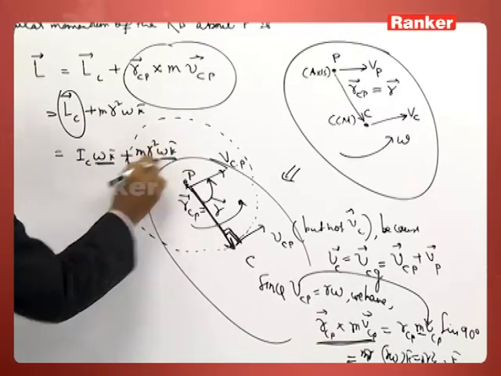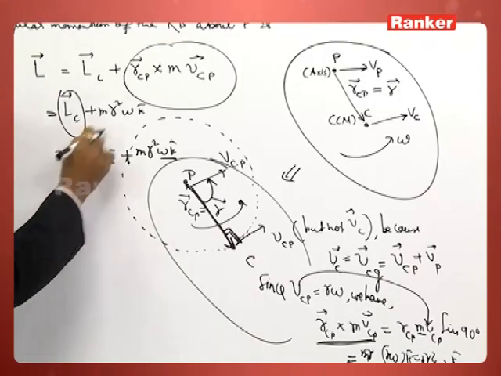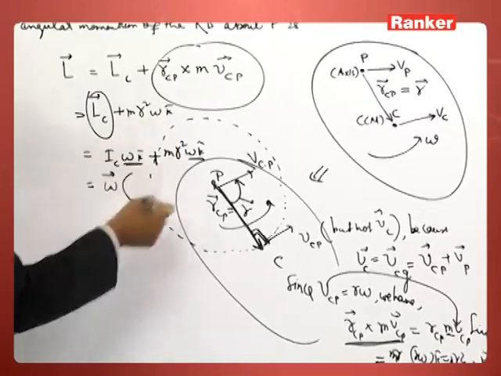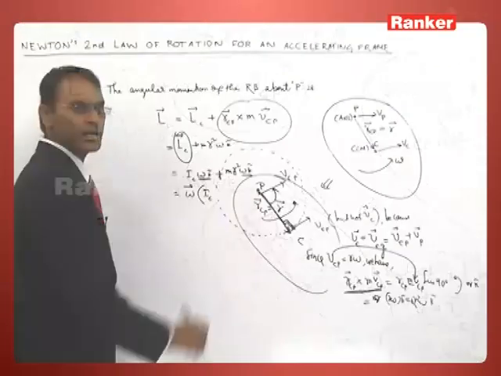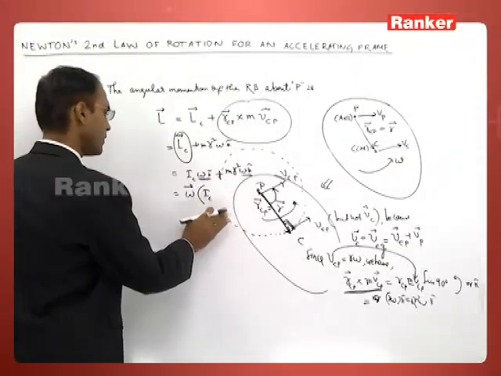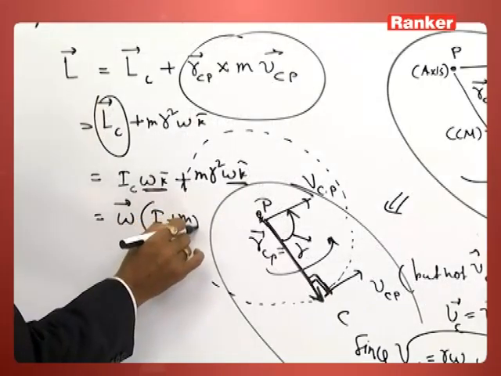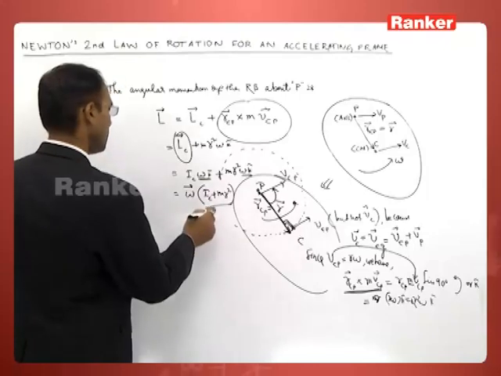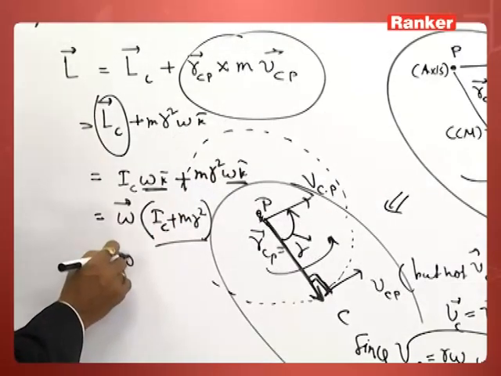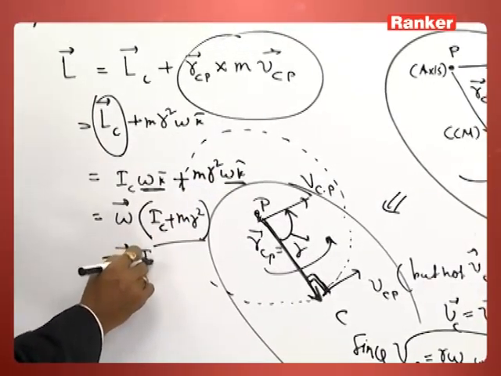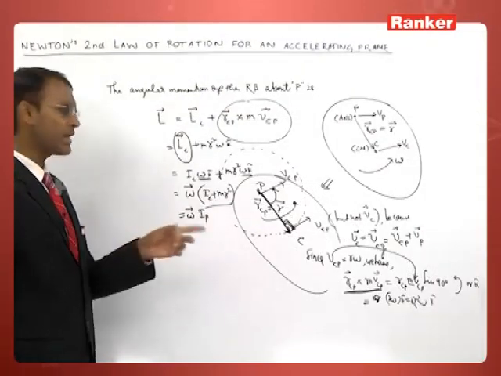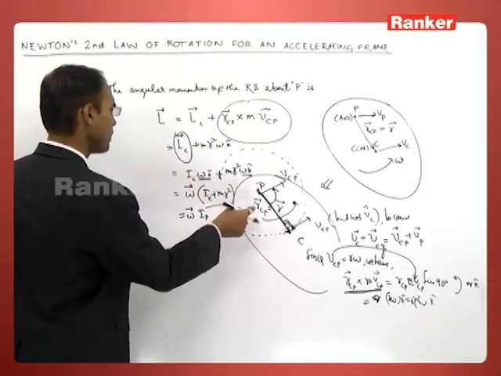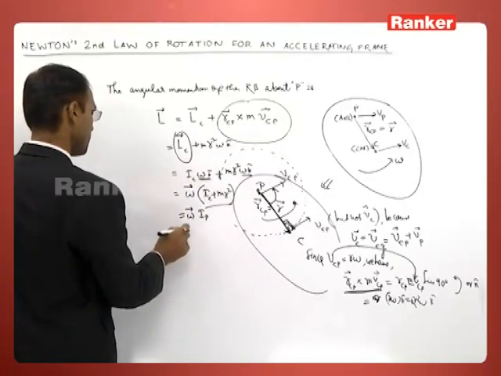Omega into k cap vector can be written as omega vector. You take it common, we are getting IC plus m r square, and IC plus m r square is equal to IP according to parallel axis theorem, which states that IP is equal to IC plus m r square.